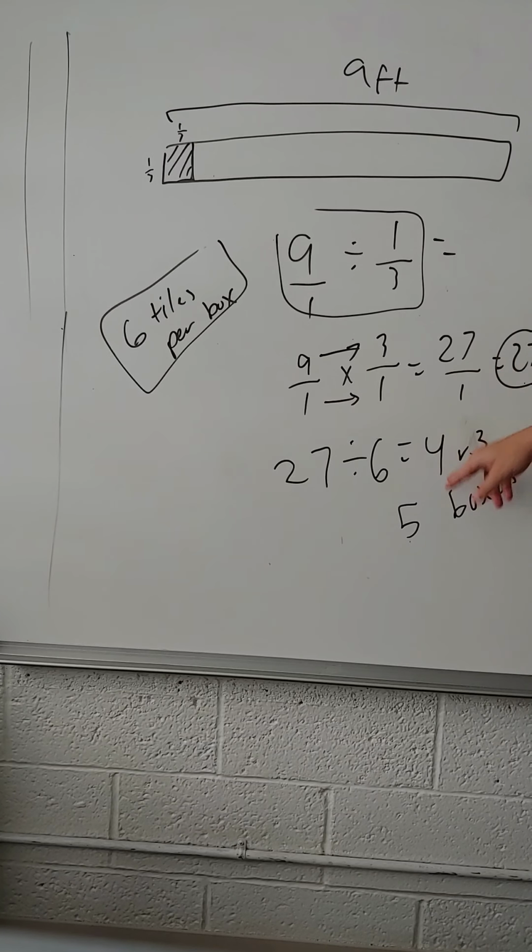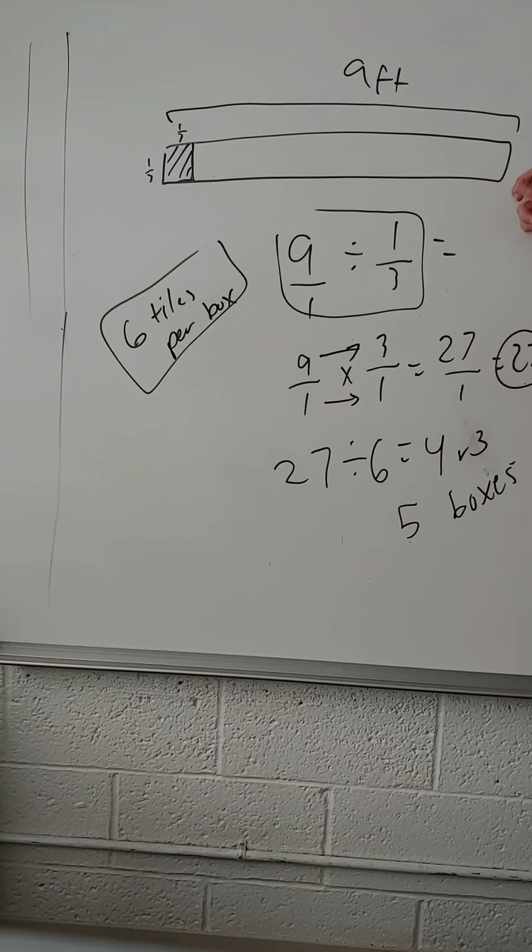You've got to be smart enough to know, okay, I'm doing division, but this is going to tell me how many go in evenly, and it's going to tell me what's left over. Well, for this leftover, I have to buy a whole other box in order to have enough for my border wall. Okay, so 5 boxes of 6 tiles per box. I'm actually buying 30 tiles to make sure I've got the 27 covered.